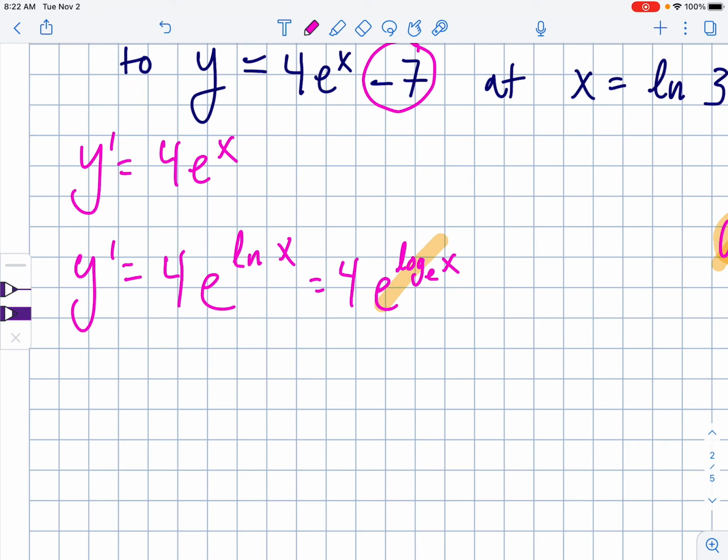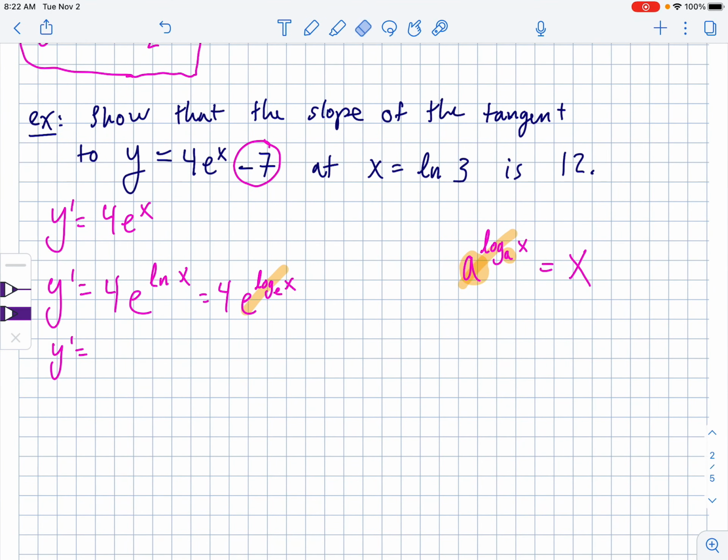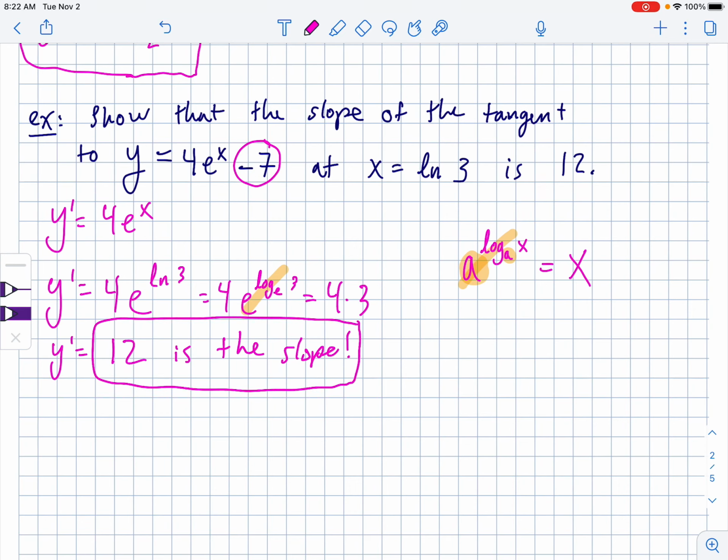So these parts actually cancel each other out, and we just get y prime is equal to, oh, sorry, no, e to the natural log of 3. I was off the rails for a while there. This should have been a 3. So then when you cancel out, this is 4 times 3, which is 12. So we proved that 12 is the slope. Just had to remember a little bit of log knowledge.